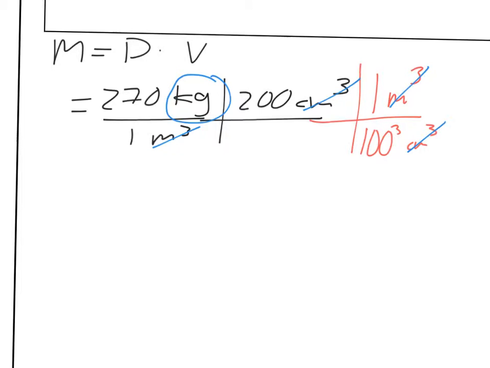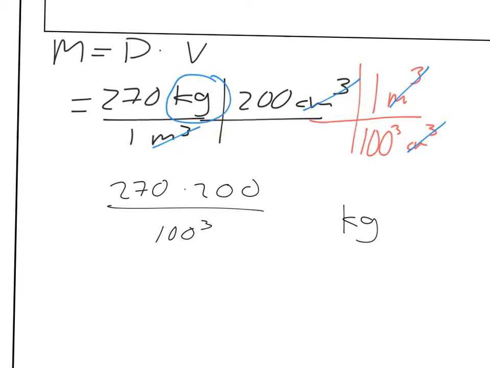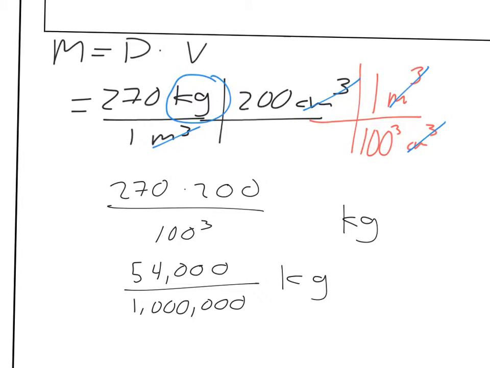So now I can just solve it all out. I know that I have kilograms, and I know that I have 270 times 200 on top, and on the bottom I just have 100 to the third power. Pretty easy, we should be able to figure that out. Let's see, 270 times 200, that is 54,000, and 100 to the third power, this is a big number, it is 1,000,000, and that's in kilograms.